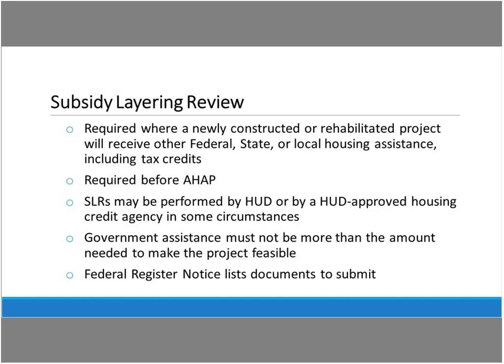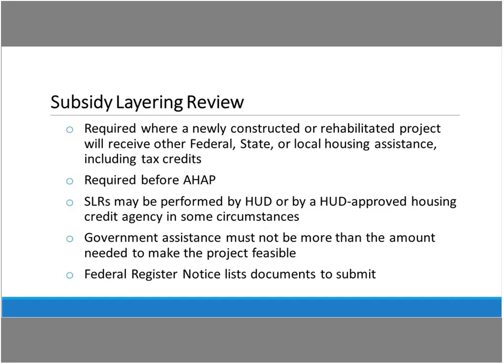Subsidy layer reviews. This is another component of the process that you need to complete as you're working towards entering into a HAP agreement. A subsidy layer review is required where there's a newly constructed or rehab project. It's required before the AHAP.